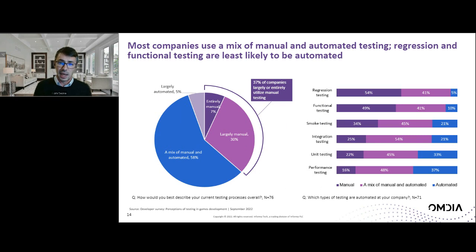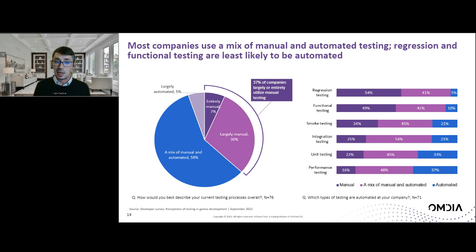when we asked developers to talk a little bit more about how they used automation in relation to the different types of testing that were being done at their company. So first of all, in terms of overall processes, we see a familiar picture here on this pie chart on the left about whether they were more likely to use manual or automated functions.